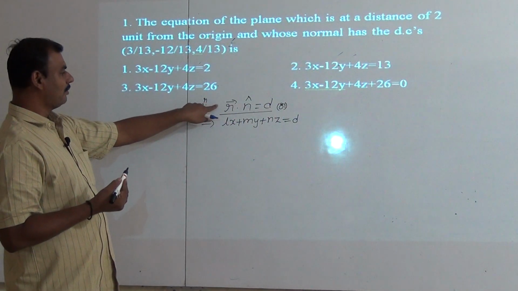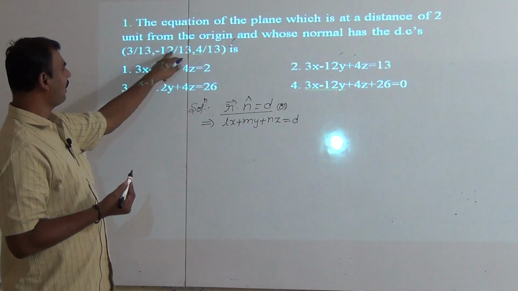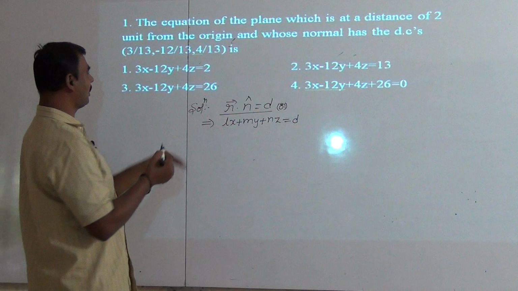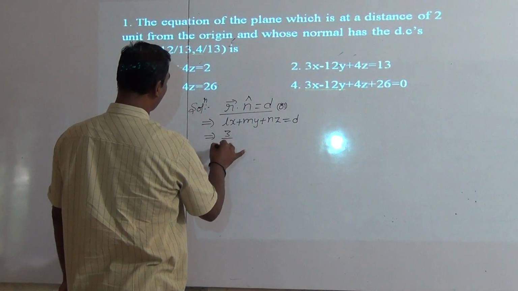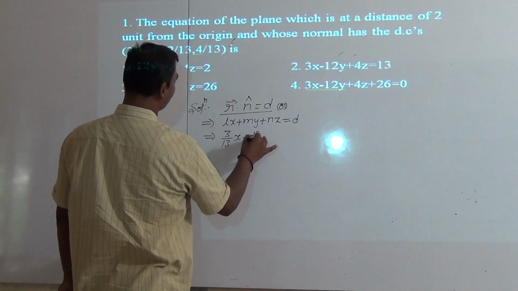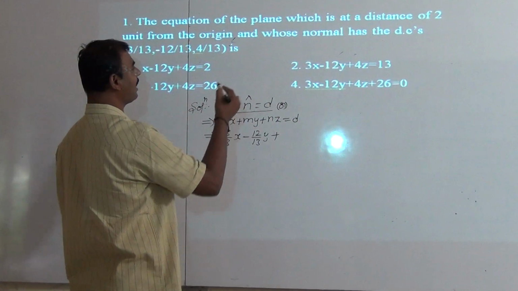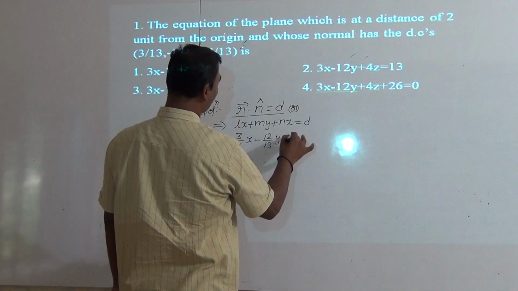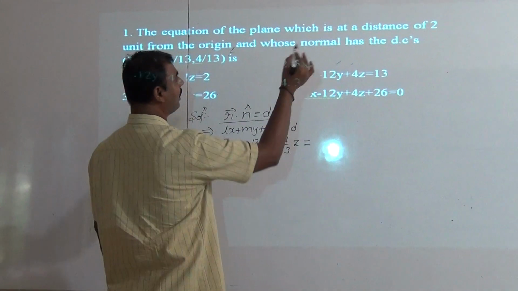In vector form, this is the answer. In Cartesian form, this is the answer. L, m, n are the given direction cosines. Substitute here: 3 upon 13 into x minus 12 upon 13 into y plus 4 upon 13 into z equals d.